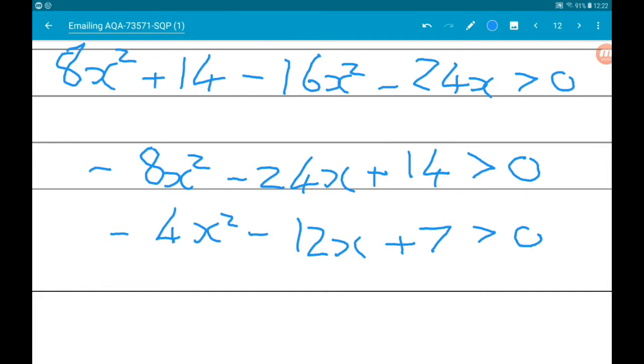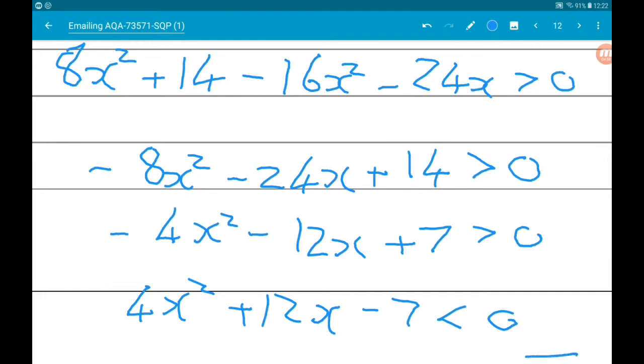So that makes everything negative positive and vice versa, and it flips the direction of the inequality sign. So finally we get 4x squared add 12x minus 7 is less than 0, as we wanted it to be.